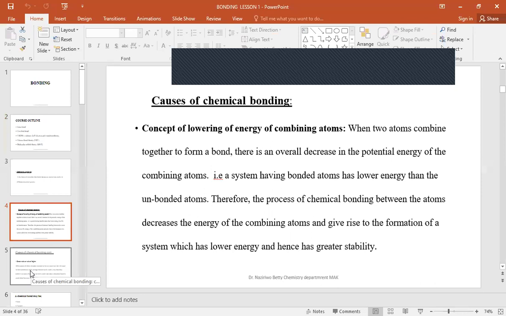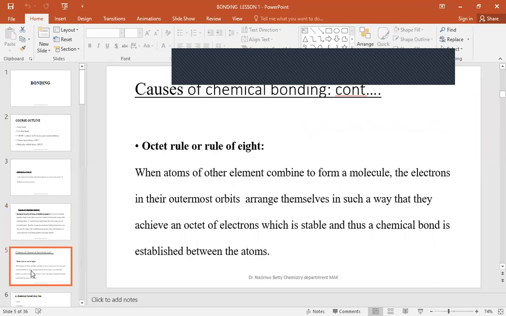Another concept is the concept of octet rule or rule of 8. When atoms of elements combine, the electrons in their outermost orbitals arrange themselves in such a way that they achieve a stable configuration, resulting in the stability of a chemical bond.